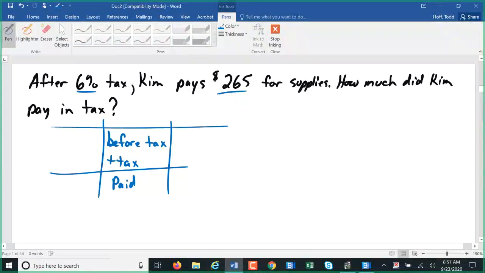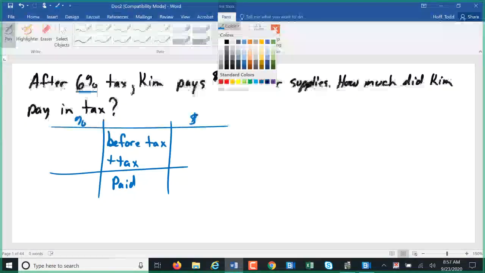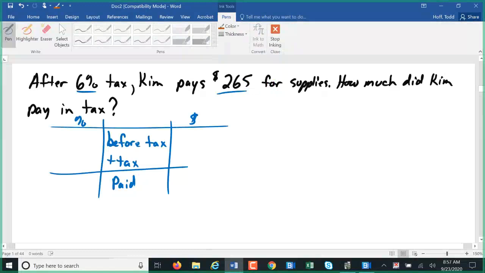As you recall, each of these had percents and dollars that described them. We look at the percents. The amount before tax is 100%. The tax is 6%. It's the amount plus tax, so the amount that was paid was 100 plus 6, you get 106%.